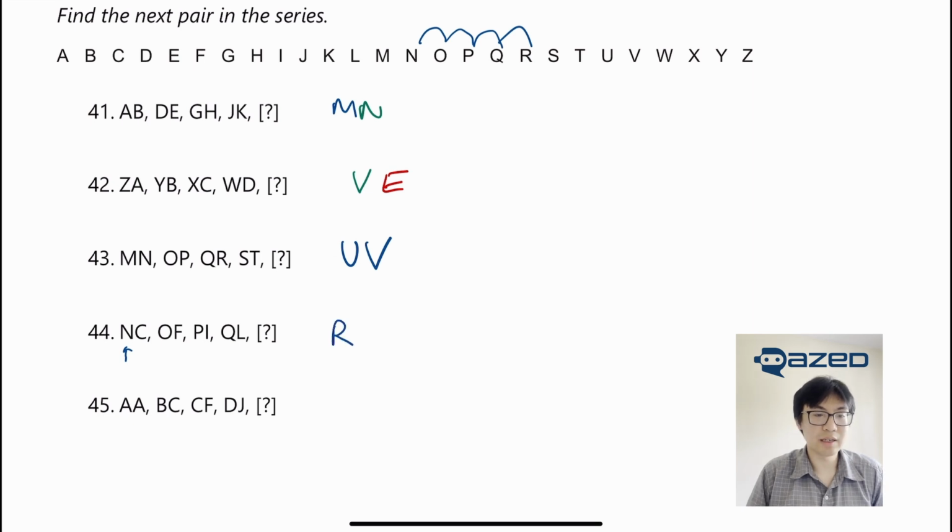And then we see C to F, and there's a +3 jump. And then F to I is also a +3 jump. And then I to L as the next +3 jump. So then, naturally, we can see the pattern is to go +3. So the answer would be RO.